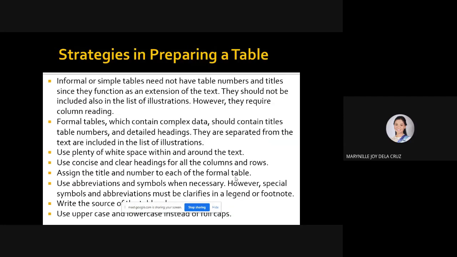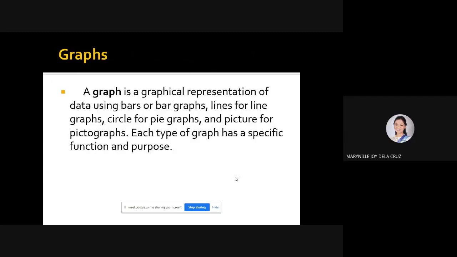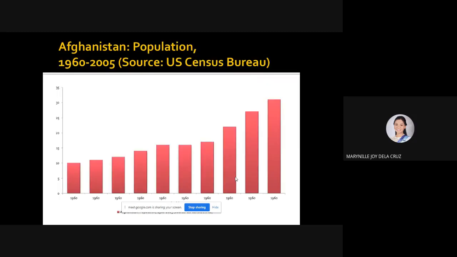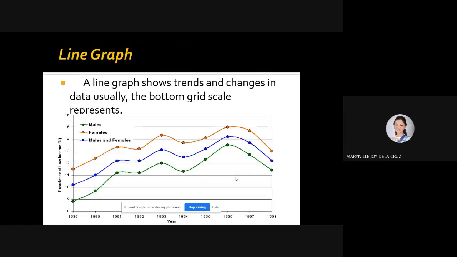Another example is the graphs. This graph can also be used by different researchers, those who are taking experiments, and of course social sciences. This one is a bar graph. Another example is a line graph.